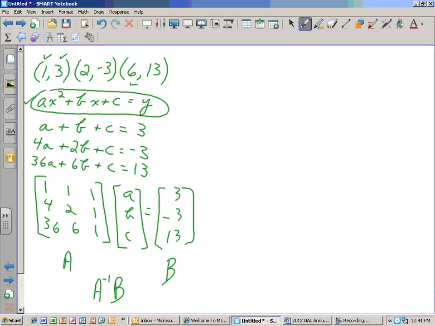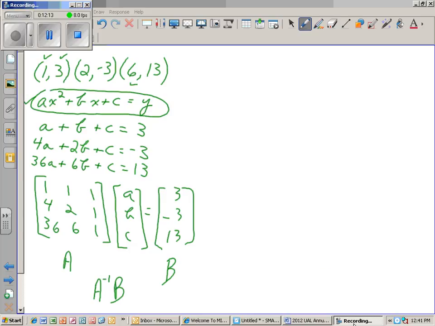So now if you go over to your calculator, once you enter A inverse B into your calculator, you'll see that our A is 2, our B is negative 12, and our C is 13.